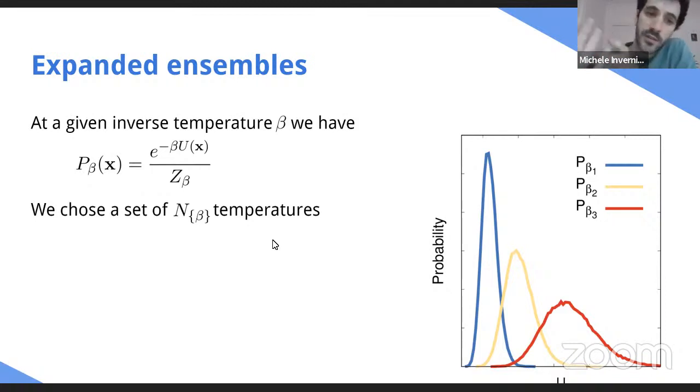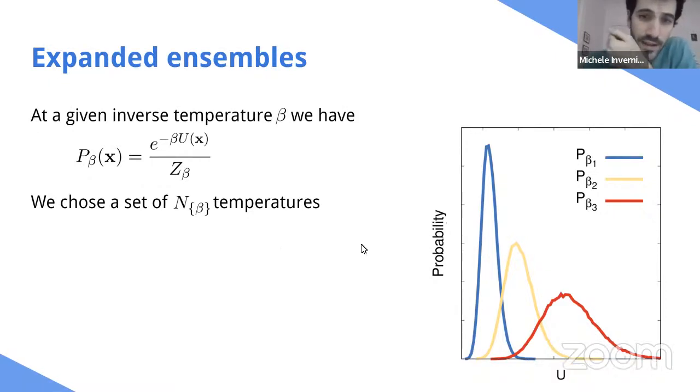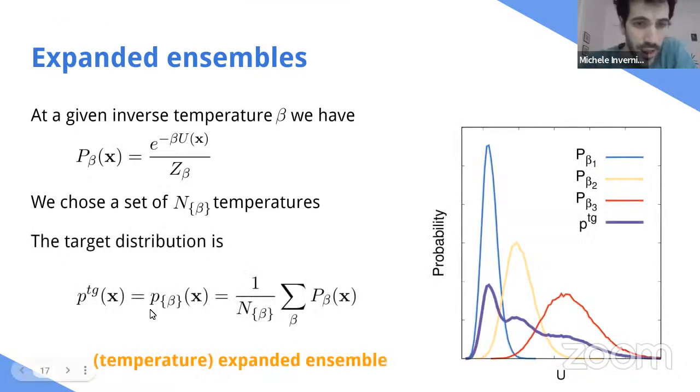Then we can choose a set of temperatures and define the target distribution in this way, simply by summing all of these probability distributions. So this one in purple is the target distribution defined by this temperature expansion.